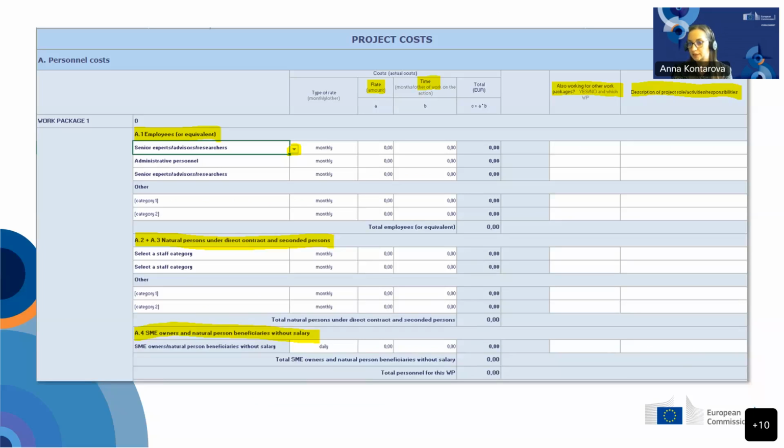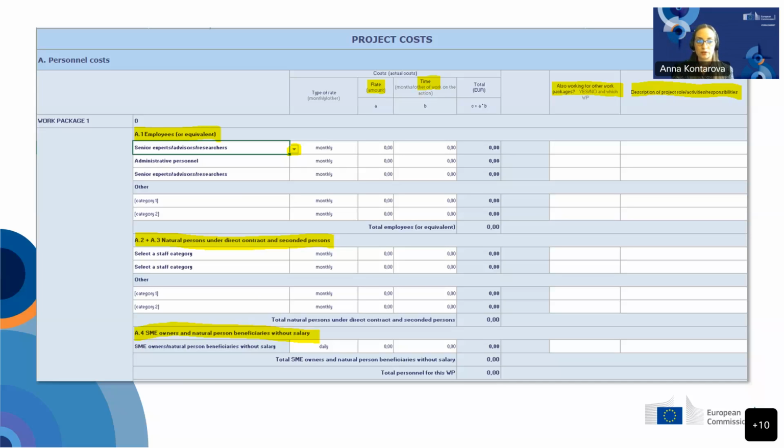Time is basically the person-month. Only for the SME owners, you will indicate the daily rate, the unit cost which you calculated, and the time equivalent. And then please, we would like to ask you to also fill in the description of the project role and tasks, in the right column.